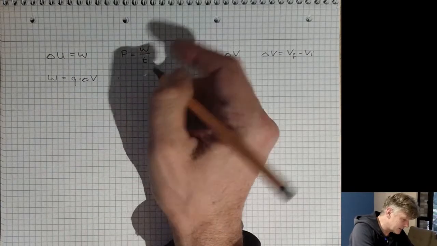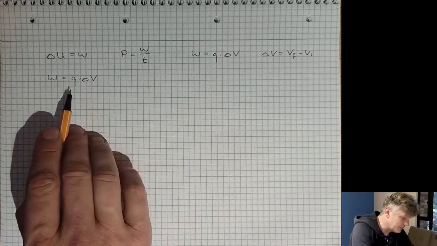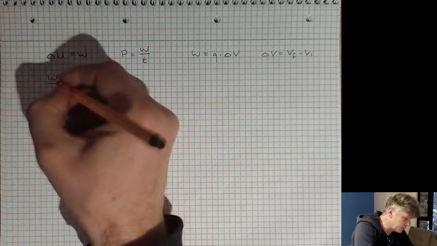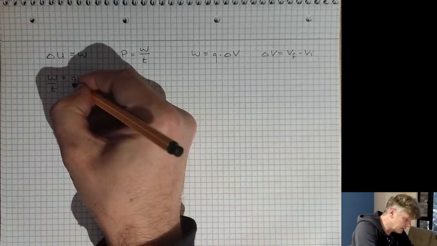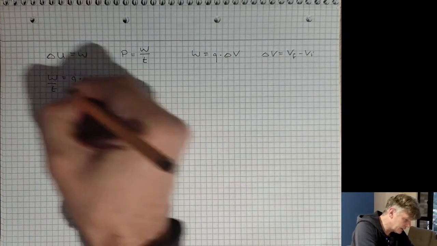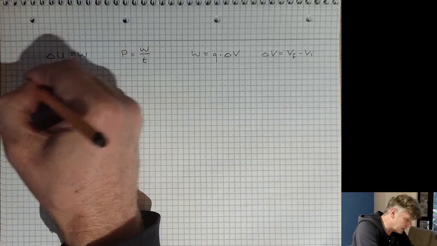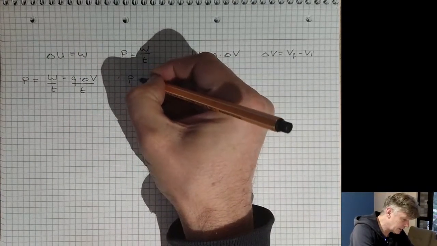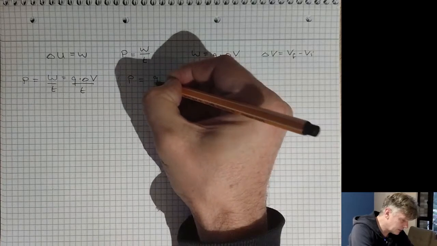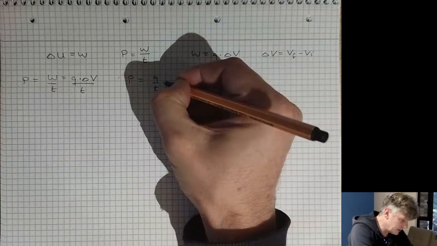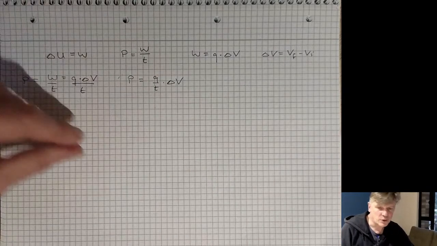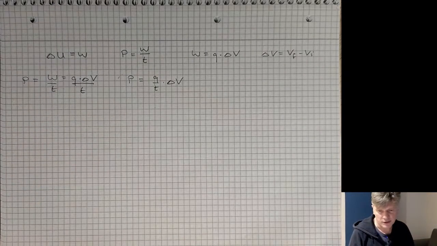And P is W divided by T, so when we divide this by T, both sides, then we get the power P. So P is Q divided by T times delta V. For now, for a constant current, let's say.